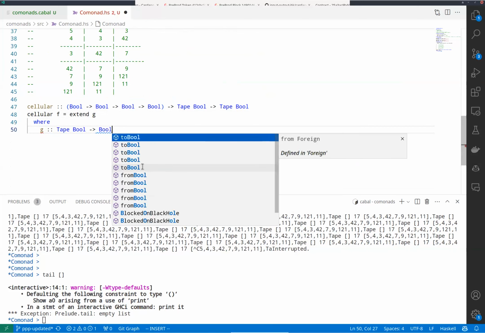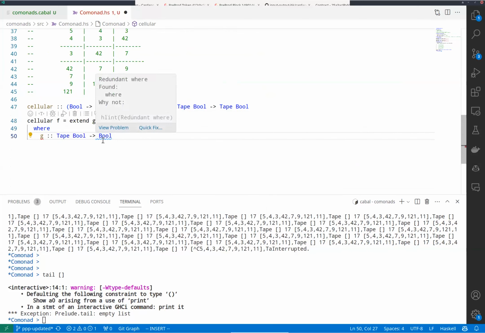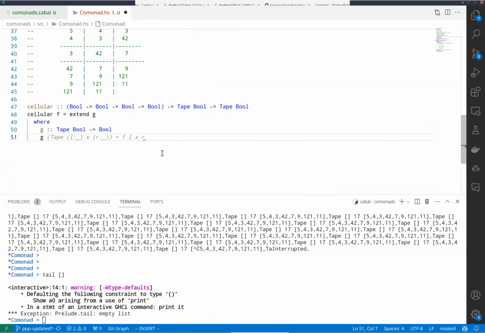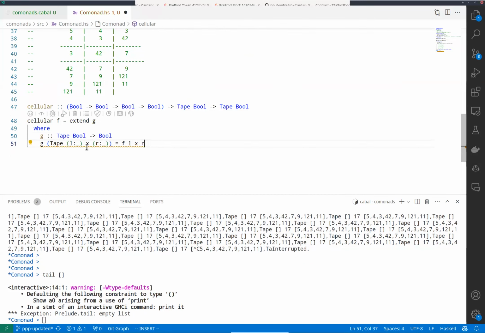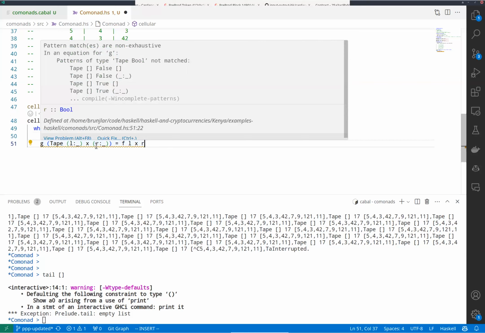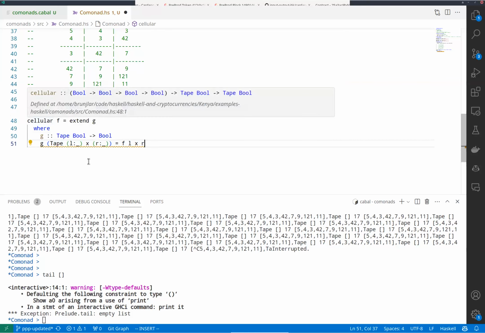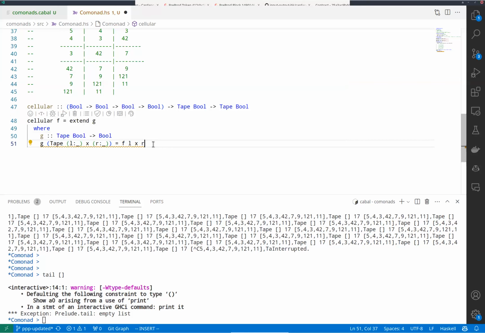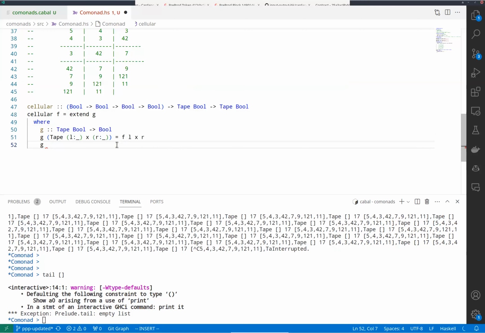The idea is this is now the new state of the focus cell. So how do I get the new state of the focus cell? Like this. The focus cell is X, the first left neighbor is L, the first right neighbor is R, so I apply this function F to those three. And why is that not... oh yeah, because it's not exhausted. G.